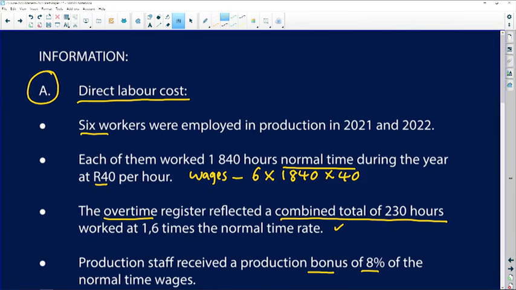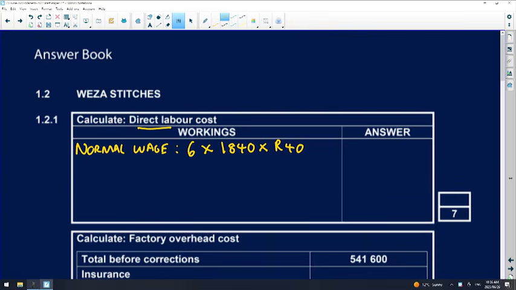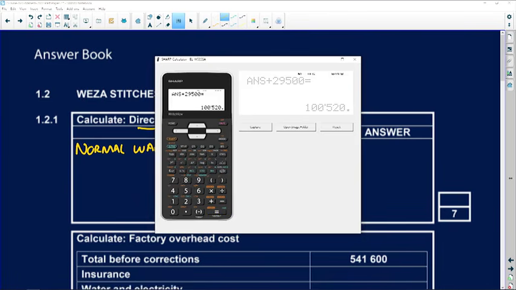1,840 hours, 40 Rand per hour. So I'm just simply rewriting this. So times 1,840 hours, and remember, they earn 40 Rand per hour.